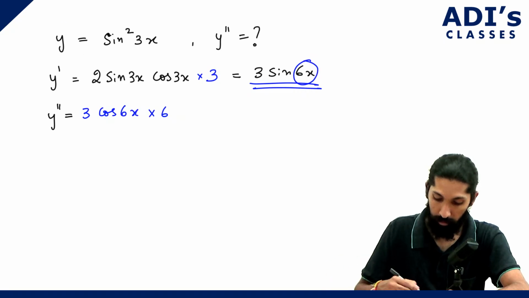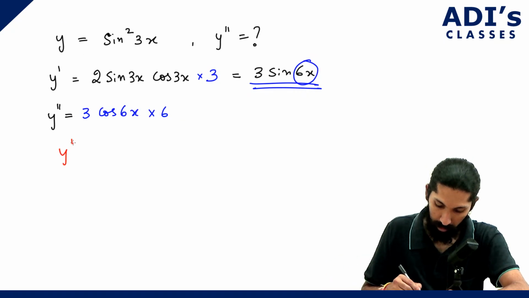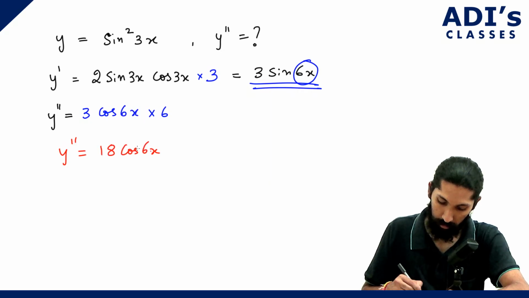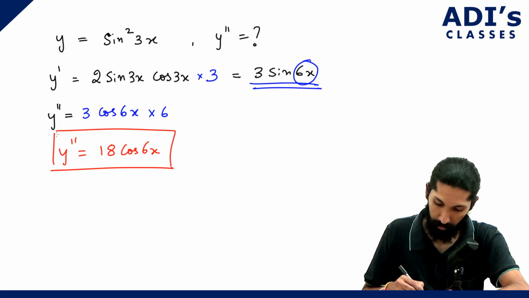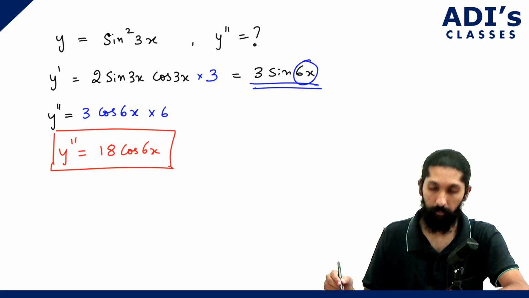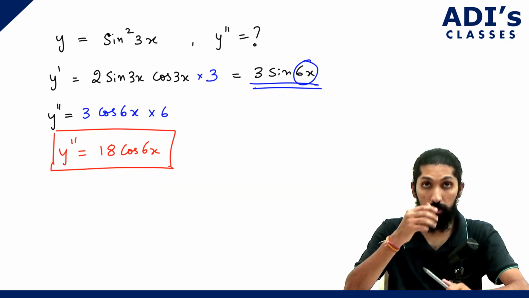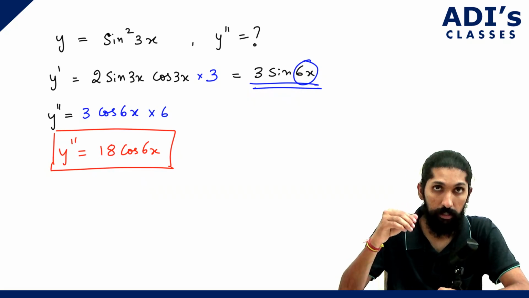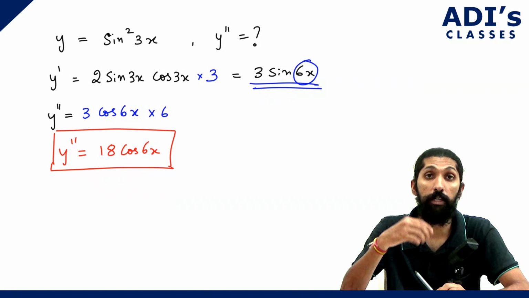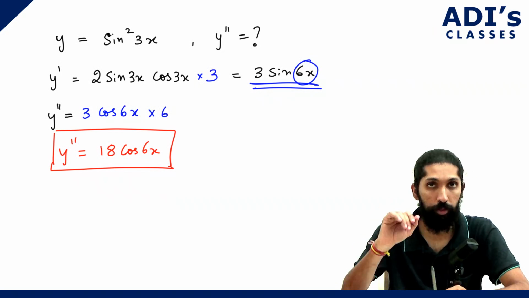So at the end, we have y double dash is 18 cos 6x. This is going to be the final answer. Clear? This is how we calculate the second order derivative, or you can say double derivative of a function.